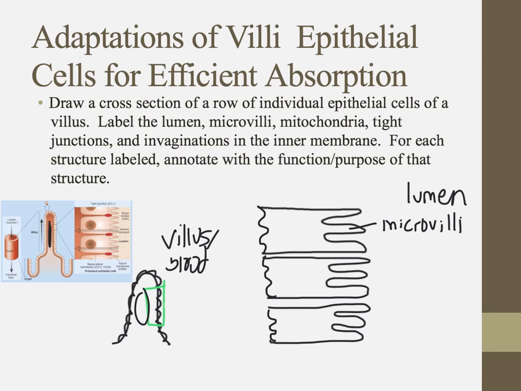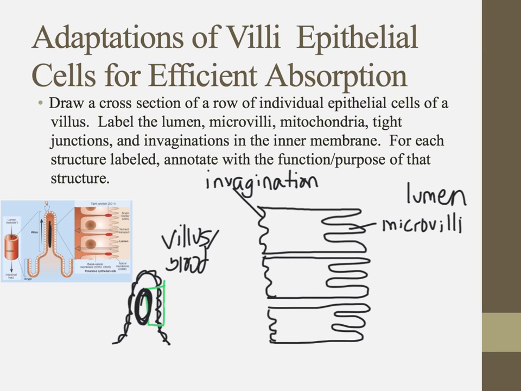And these little folds here, on the side that's facing the inside, are called invaginations. An invagination just means fold. So there are folds in their cell membrane. This also increases the surface area for stuff to move from these epithelial cells into either the lacteal or the capillary beds.